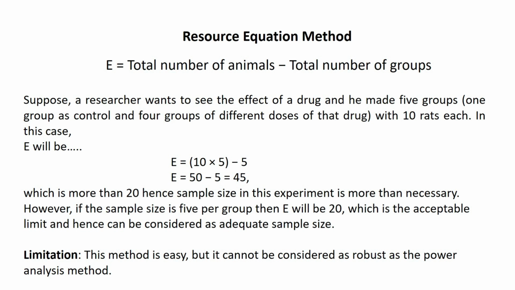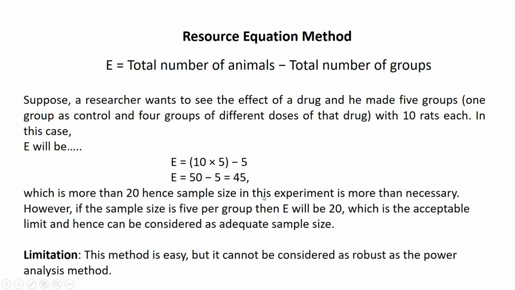Suppose we have a protocol in which one group is control and the remaining four groups are treatment groups. We have a total of 50 animals, and we subtract the total of five groups, so we get 45, which is more than 20.